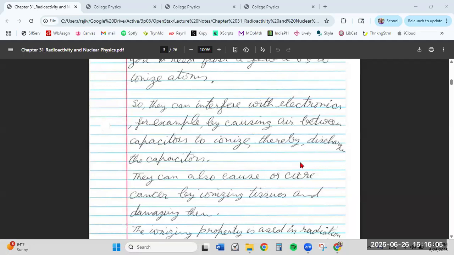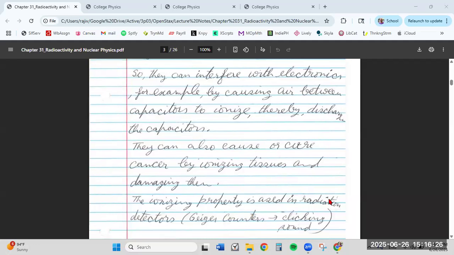Nuclear radiation can ionize the air between the capacitors. If it becomes ionized, then it's not an insulator anymore, it's a conductor, and thereby it discharges the capacitor, and the circuitry fails, it breaks down, it doesn't function.